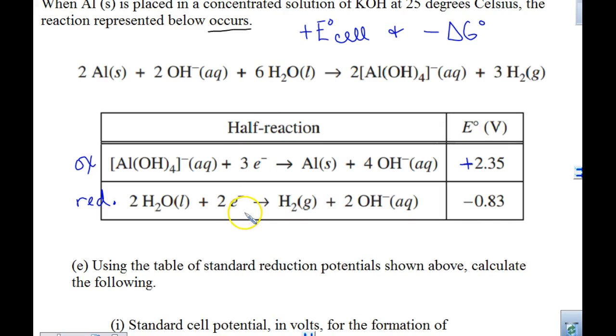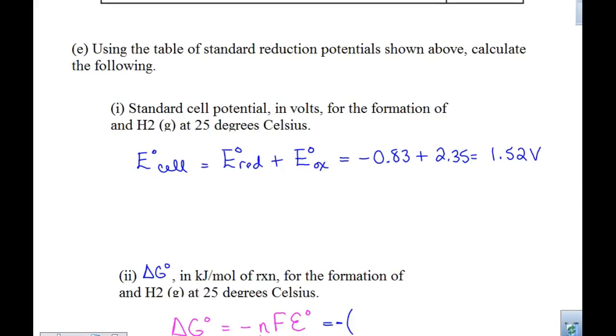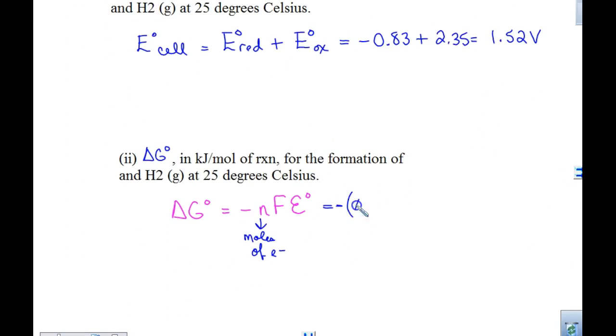So if we were trying to balance this to get that net ionic equation, we would have had to multiply this half by 2 and that half by 3, which would have given us 6 moles of electrons on each side. So N is 6. F is just Faraday's constant, 96,485. And then we just calculated our E cell.